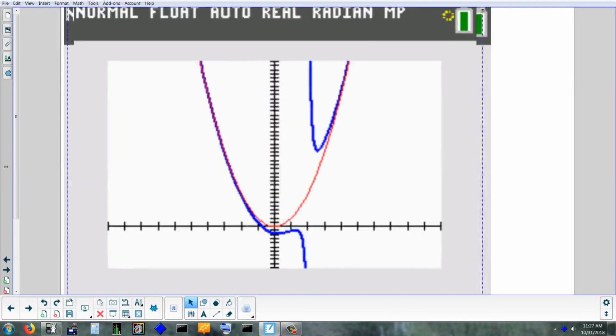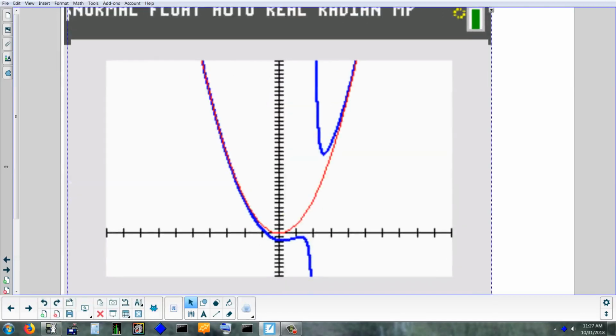Let's look at it again. Now you can see on both the left and the right side, the graph in blue and the graph in red getting closer and closer. That space in there is getting smaller. So it's basically like a parabola. Your parabola is right here. It wants to connect.